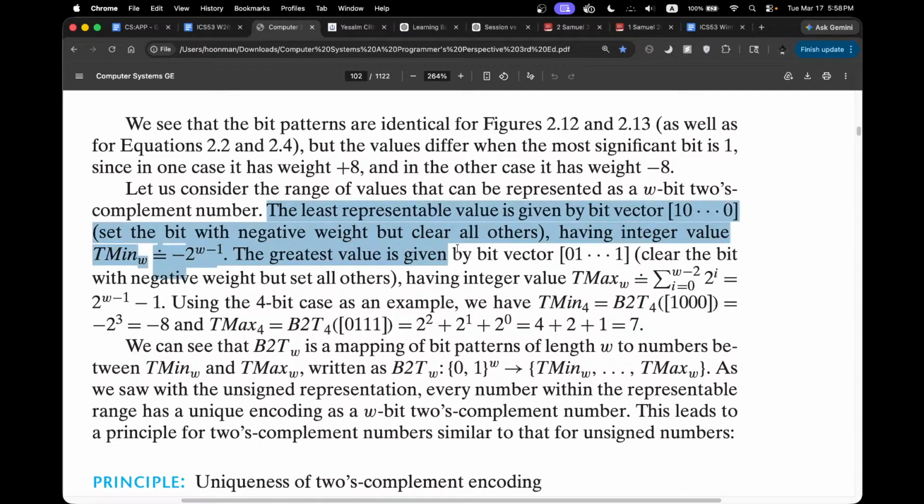The least representable value is given by the bit vector 10...0: set the bit with negative weight, but clear all others, having integer value T-min.